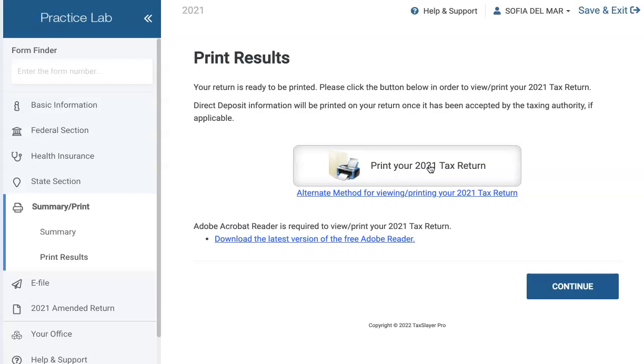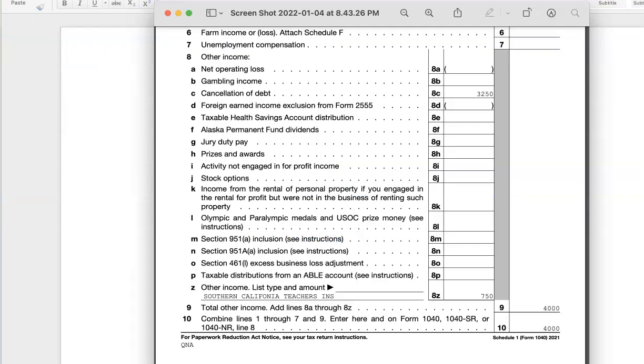If you do click on this and get it, let me show you the critical page. Here we go. So on line 8, cancellation of debt, we've talked about that before. That's $3,250. And down here in Z is the Southern California Teachers Insurance Award of $750.